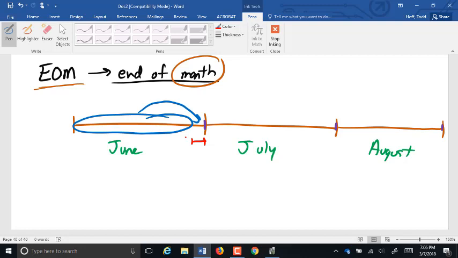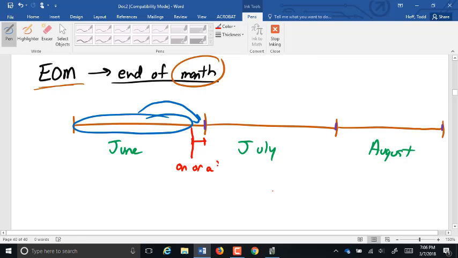Well, again, we need to simplify things for this class. So what we're going to do is for this class, we're going to assume any invoice generated on or after the 26th does not make it into that batch. So that gets into the next month's batch.